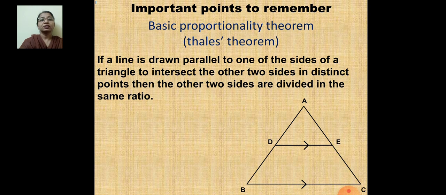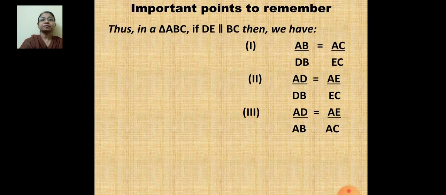So according to this statement, if DE is parallel to BC, then we get AD upon DB is equal to AE upon EC. Not only this ratio, we can derive two more combinations. That also we have seen. What are the other two ratios?